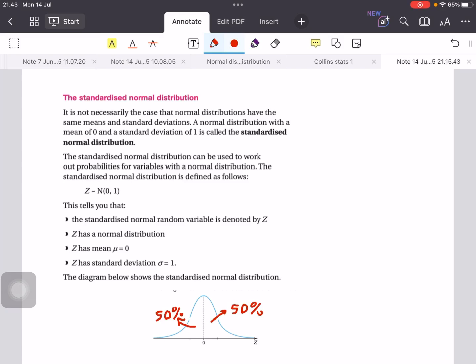Since this curve covers the whole data, which is 100%, the total area under the curve is 1, or 100%.